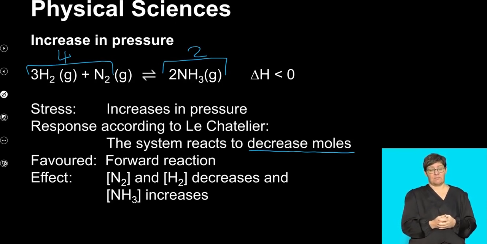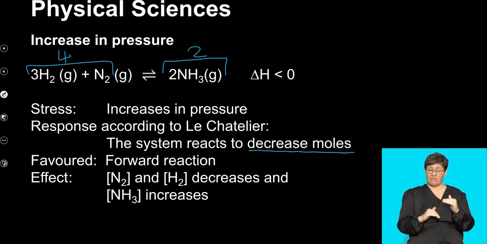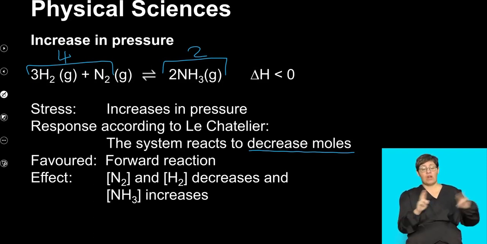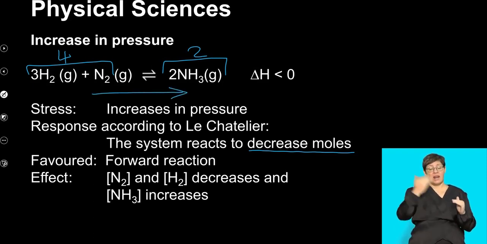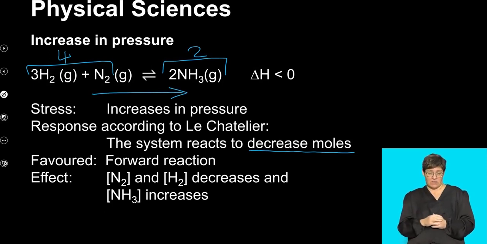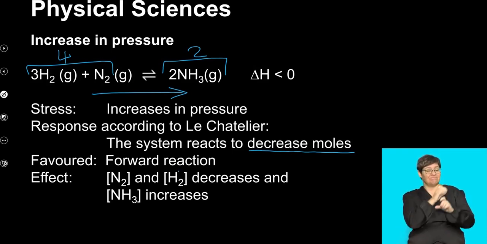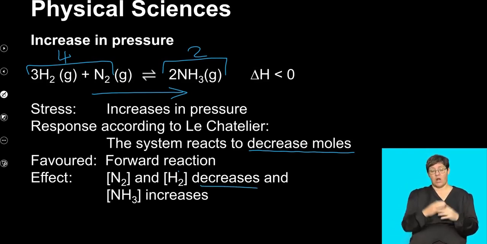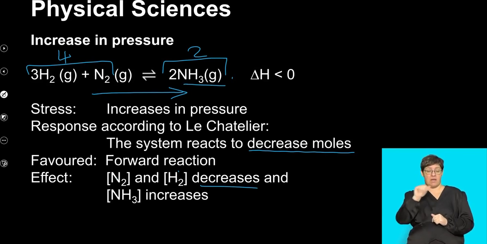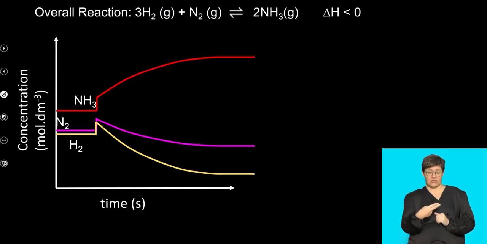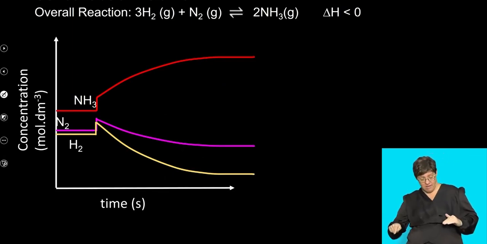So if we want to decrease the number of moles, the reaction that produces fewer moles will be favored. In this case, it is the forward reaction. So what will happen if the forward reaction is favored? It basically means that the concentration of nitrogen and hydrogen will decrease, and the concentration of ammonia will increase.